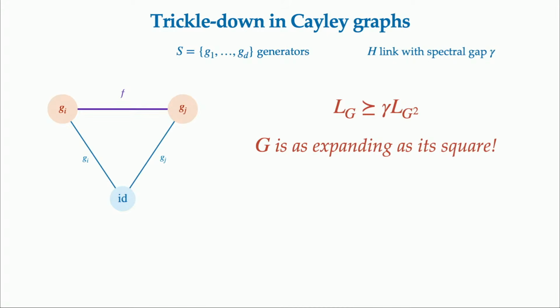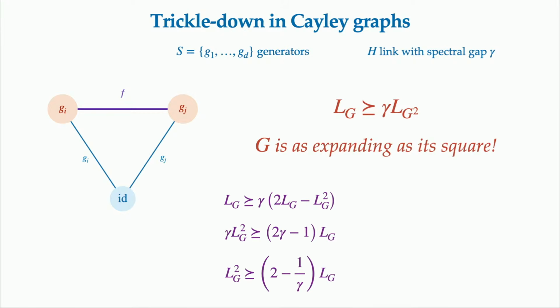And using this, with some amount of rearrangement, you can achieve the conclusion of the trickle-down theorem. I'm just going to flash what the rearrangement is here: you observe that the Laplacian of the square graph you can write in terms of the Laplacian and the square of the Laplacian.